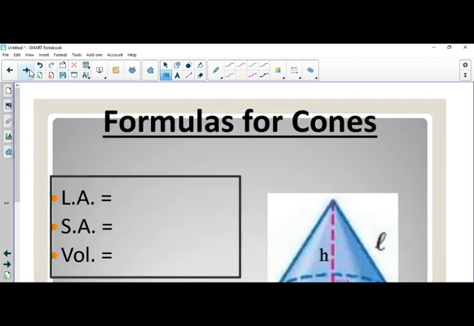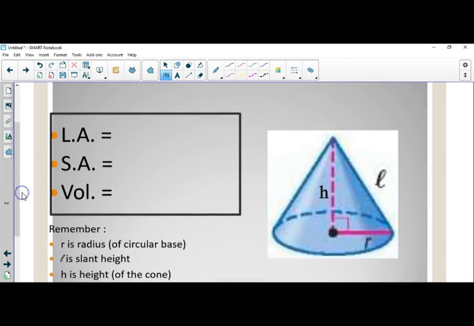So our formulas. The lateral area is 1/2 the circumference times the slant height, which is also equal to pi times r times the slant height.